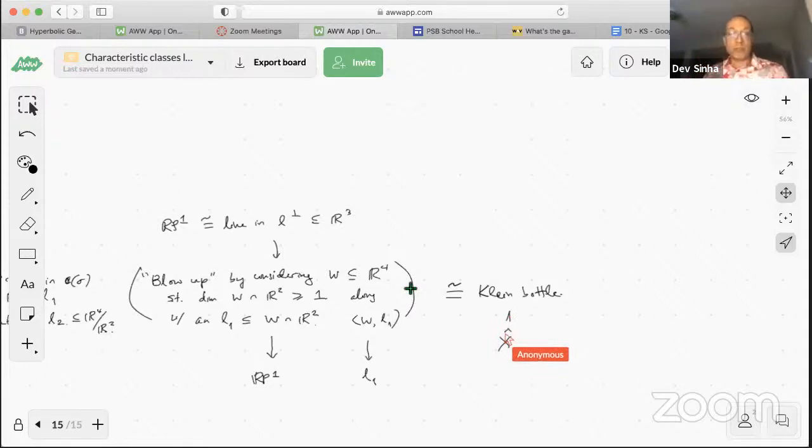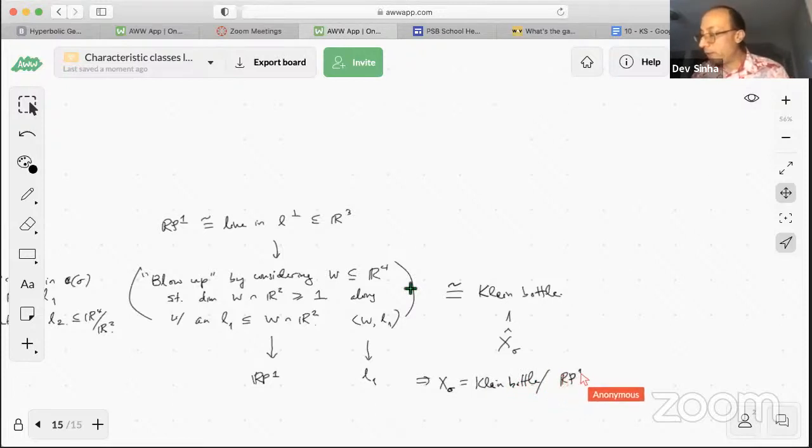It's a smooth resolution. And then the X sigma is a Klein bottle modulo an RP1 inside there that is getting identified, shrunk to a point. Because again, for that special W, it's always happening in the lower dimensional strata, so to speak.